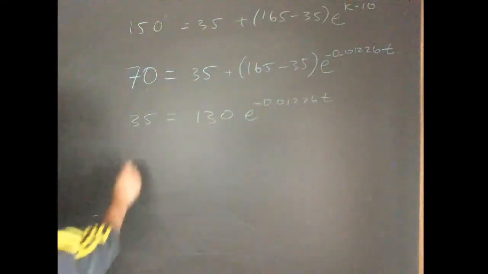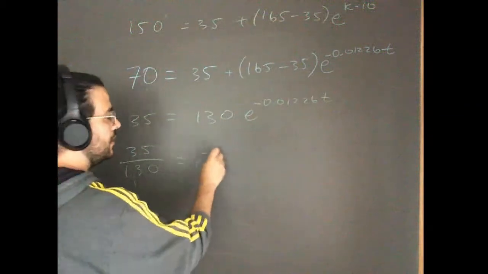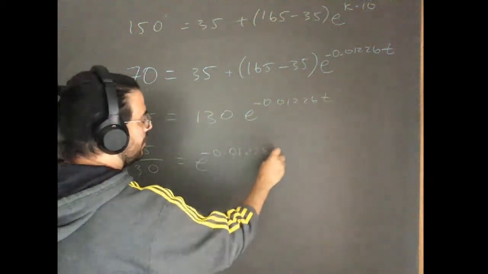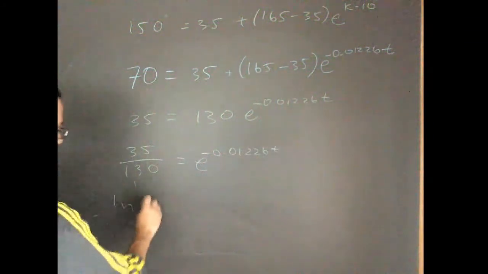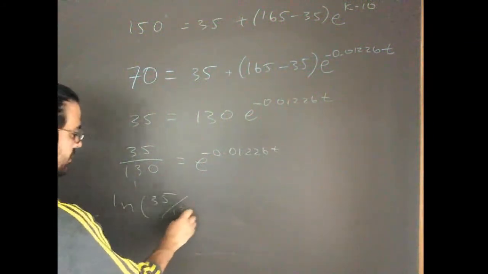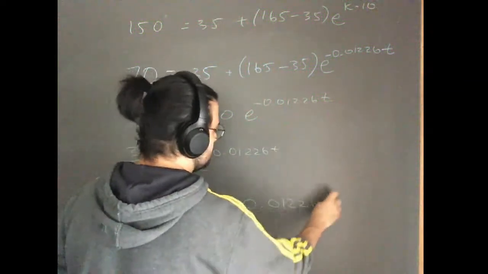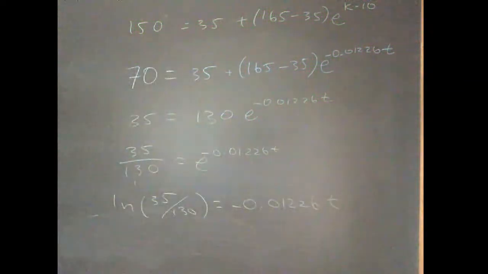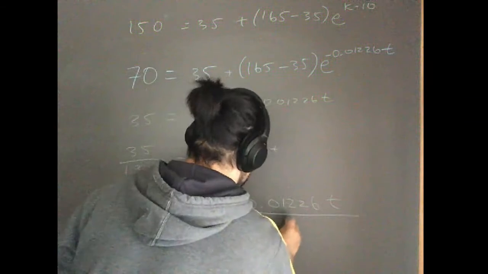We'll divide by the 130 again. And then we'll convert it over to logarithmic form. So this is the natural log of 35 over 130 is equal to negative 0.01226 times t.